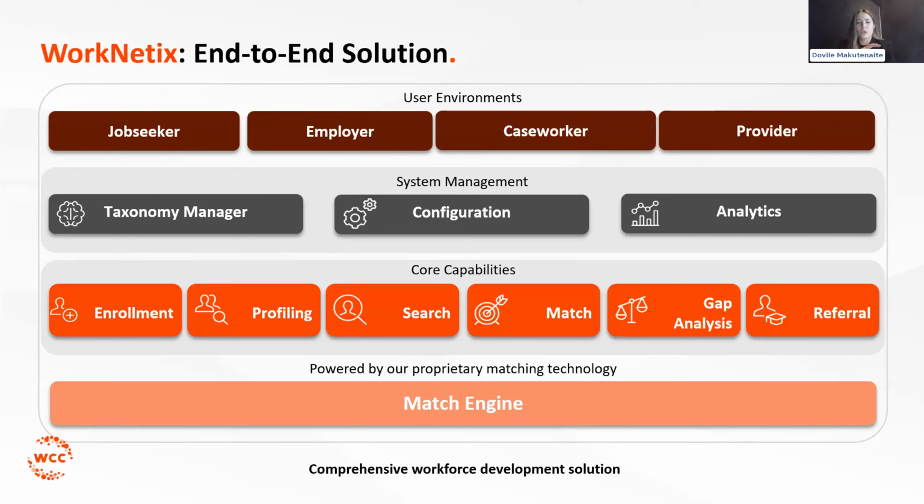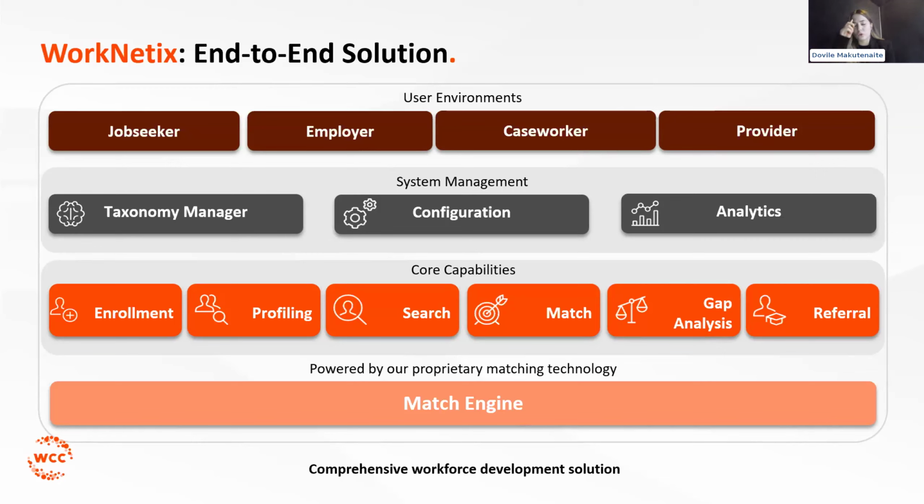The middle layer, the orange core capabilities and system management part, are the backend services of the solution, which facilitate the configuration of the solution. In this part, we can tailor our solution to support active labor market policies. I will explain a little bit later how.